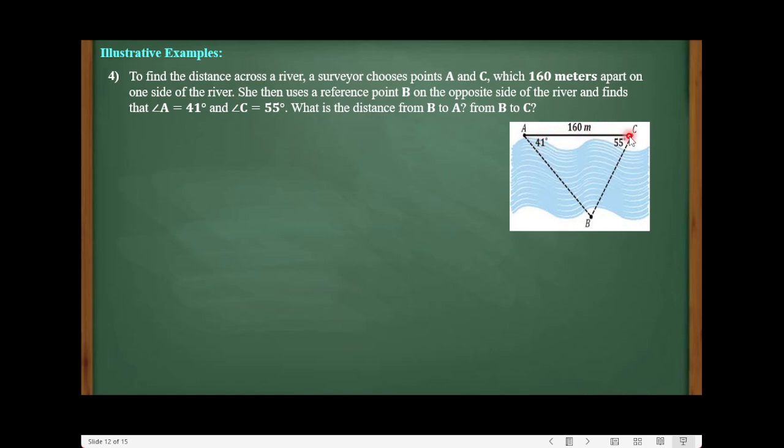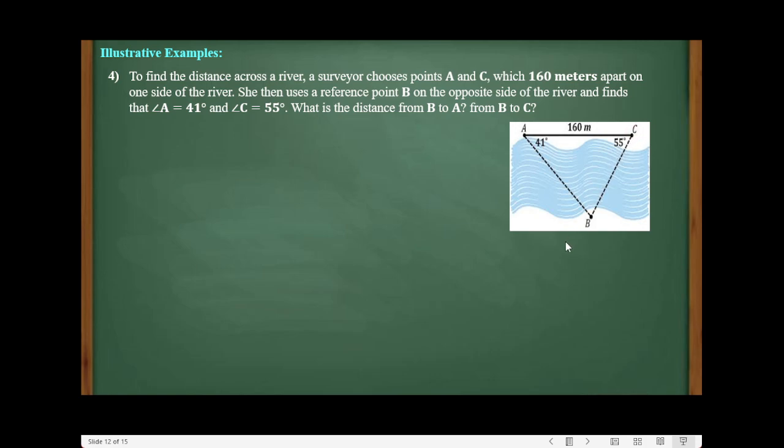At point C, the angle is 55 degrees. So the question is, how far is point B from point A, and how far is point B from point C?